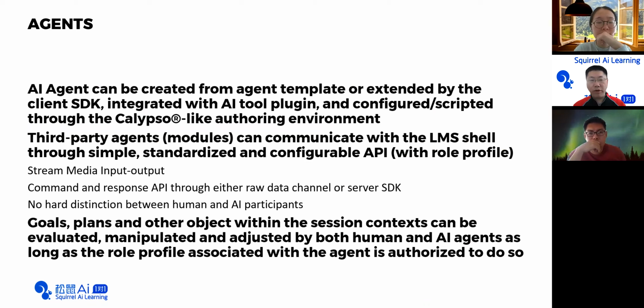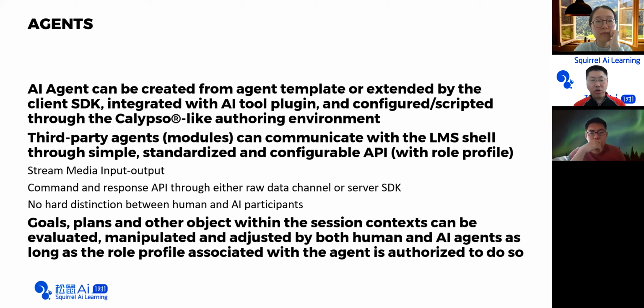This will be through very simple, standardized, and configurable APIs with a role profile, which defines what role the agent can play within the environment. They can use native stream media input and output, and they can also use a command and response API through either the raw data channel or the server SDK.